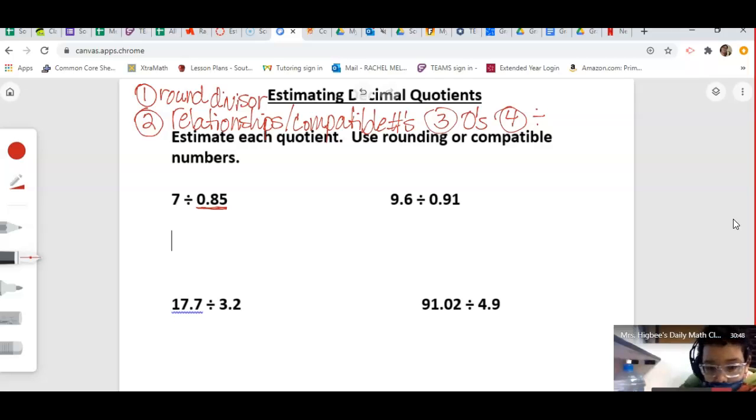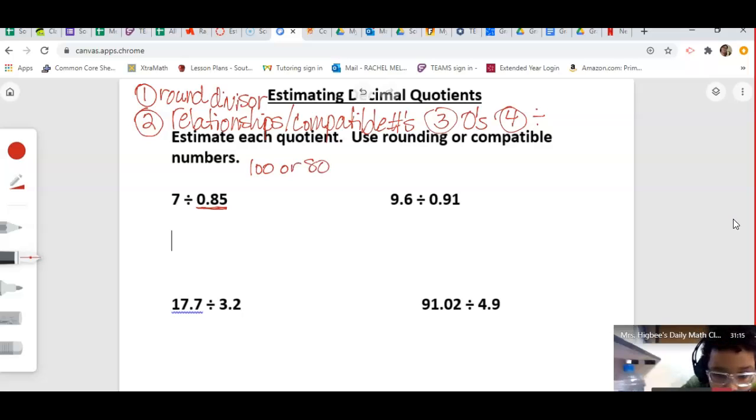Okay, I could do that. Is 90 hundredths a friendly number? Not really. Okay. So think about what might be a friendly number if we're dealing with 0.85. Okay. So I hear you say 100 or 80.